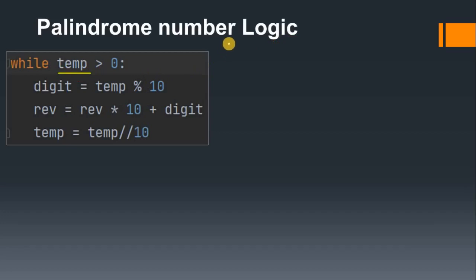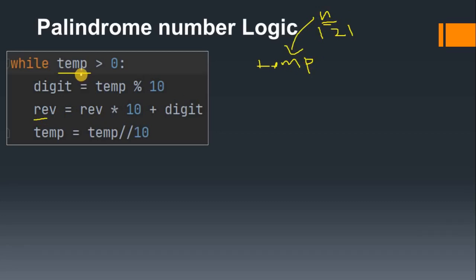Okay, so actually the number is 121, and for that we can use the variable n, and then in the program that n variable you have to assign to another temporary variable. Got it? Why are we doing this? Because later on you have to compare this value of n with the reverse value.